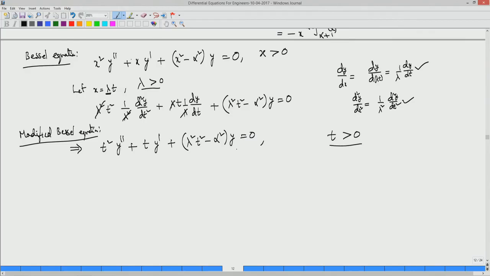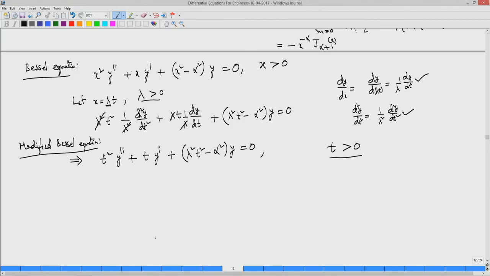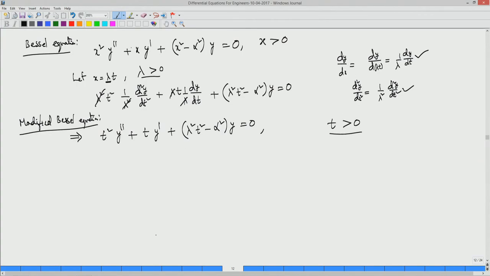So this is the modified equation. Once you have this, what are the solutions? J alpha of x is a solution for the Bessel equation, so correspondingly J alpha of lambda t is a solution here.